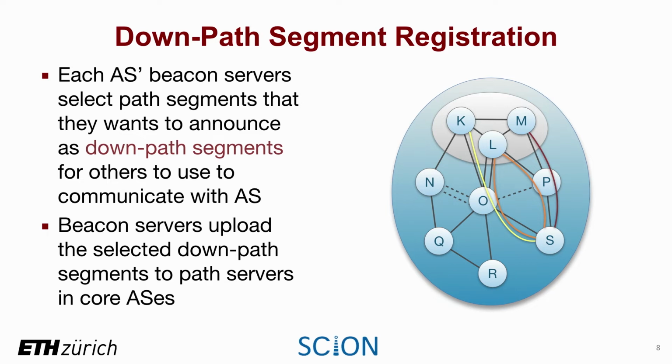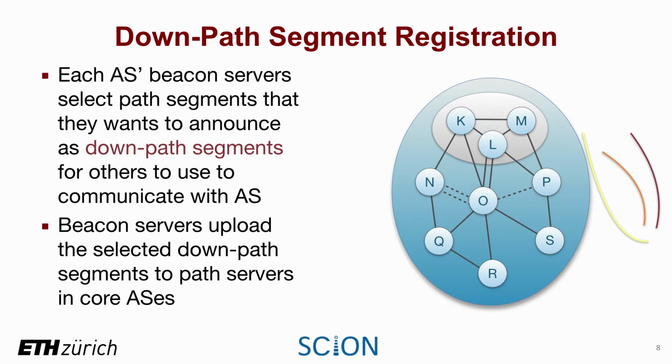First, an AS needs to perform down path segment registration. So in this example, we see AS S that has received 4 different paths through the beaconing process. And this AS now selects which paths it wants to announce and register as down path segments in the AS core. It looks at each path that it has and it decides whether or not it wants to make use of these paths and register these paths at the core AS.